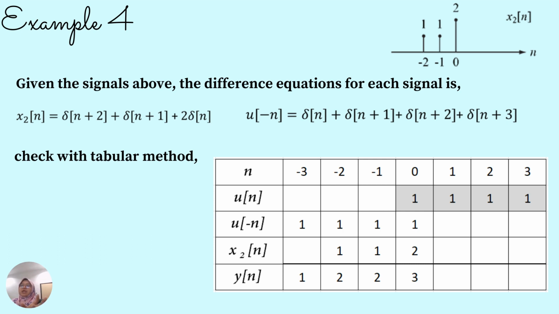Okay, dan kita tulis balik x to n berapa dan kita tambah. Okay, tambah u minus n dengan x to n. So kita dapat values yang sama dengan cara kita buat tadi. Okay, so basically that's how we can cara kita tulis equation untuk signal. Alright, so please bear in mind that one.